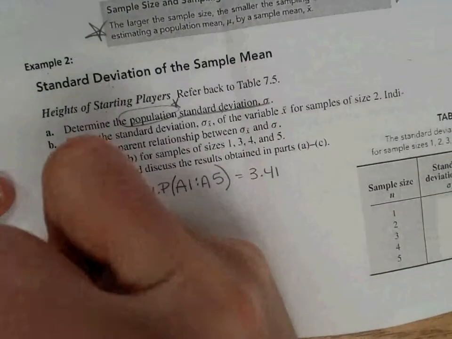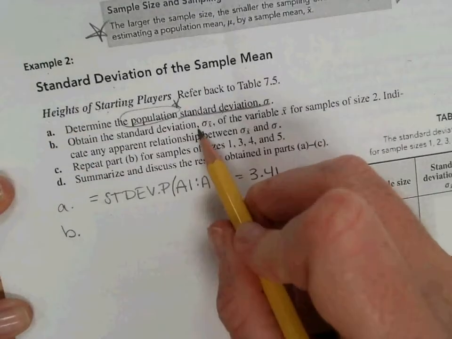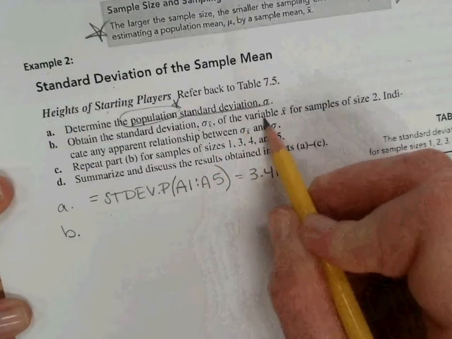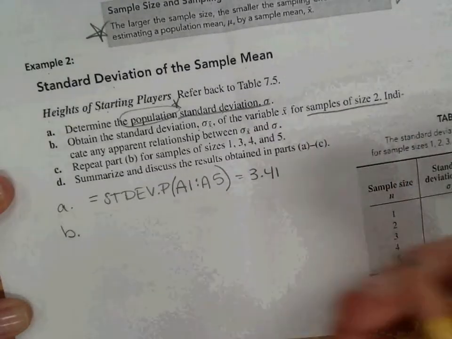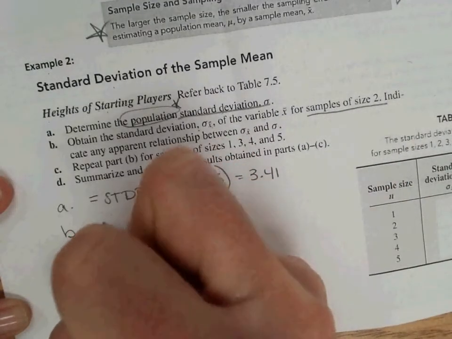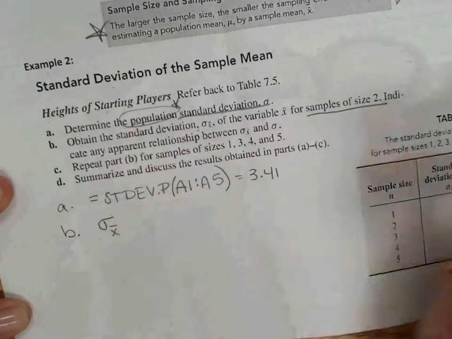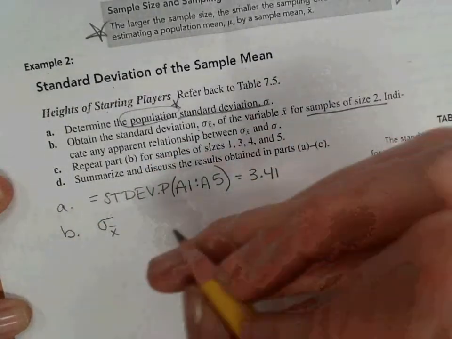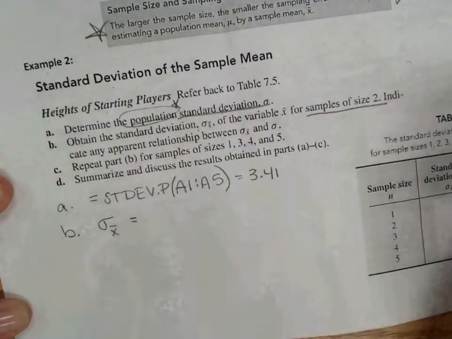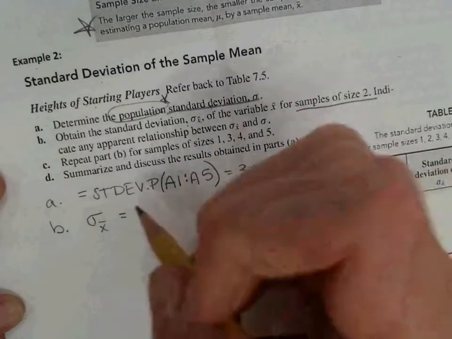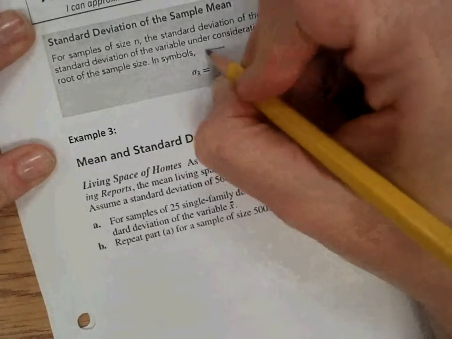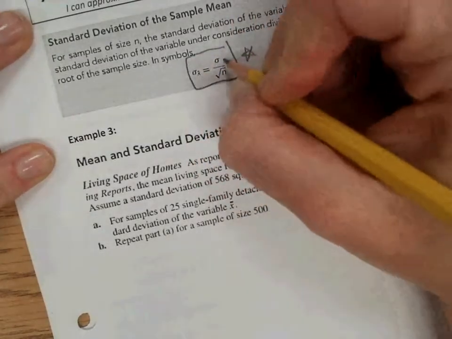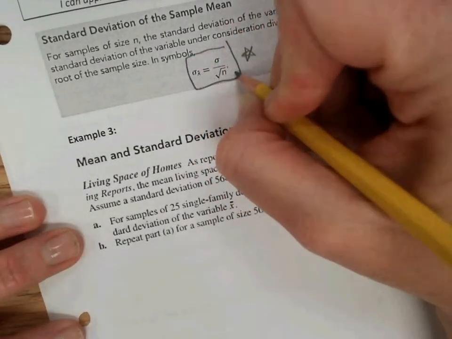B asks us to obtain the standard deviation, sigma sub x bar, of the variable x bar for samples of size 2. So sigma sub x bar is going to equal, using our formula, which is actually on the next page, we just take this population standard deviation and divide by the square root of n.